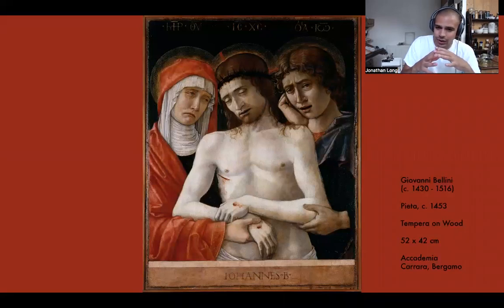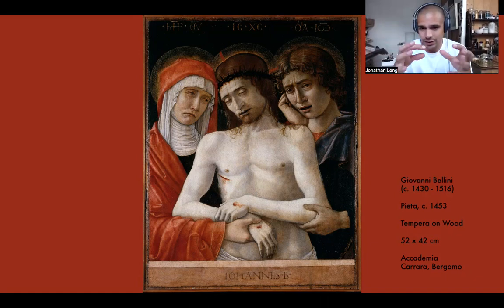And Constantinople then collapses and is absorbed within the Islamic world. And that context really helps us understand a little bit about why there's such an Italo-Byzantine aesthetic in this painting.